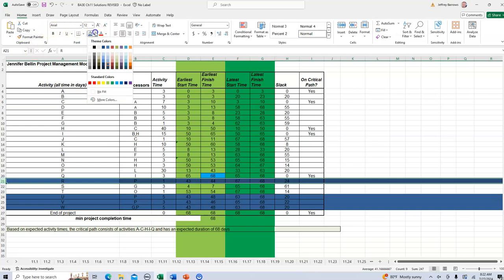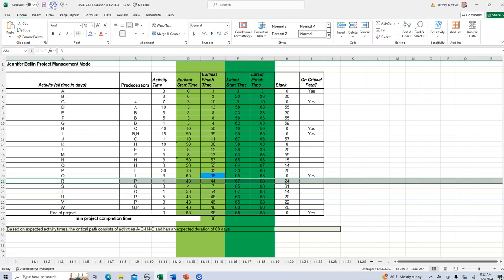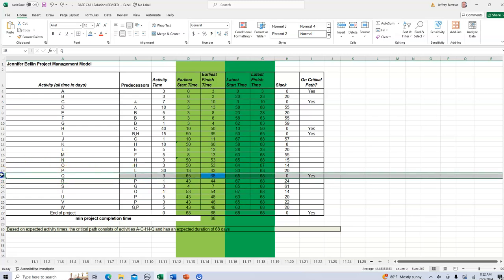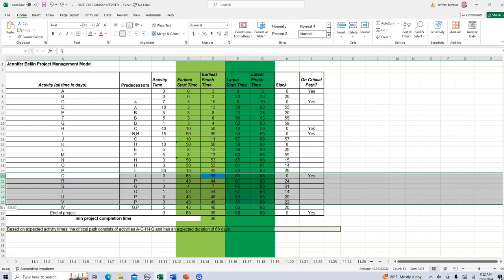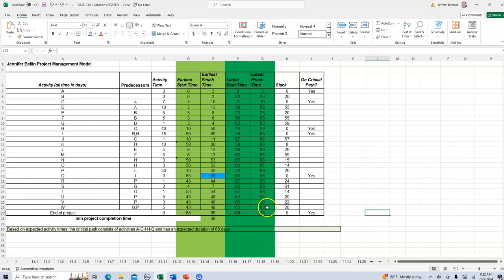So on the backward pass, that is the key analytical piece. And so I think if you look at activities Q through W, the late finish time of day 68 makes sense.